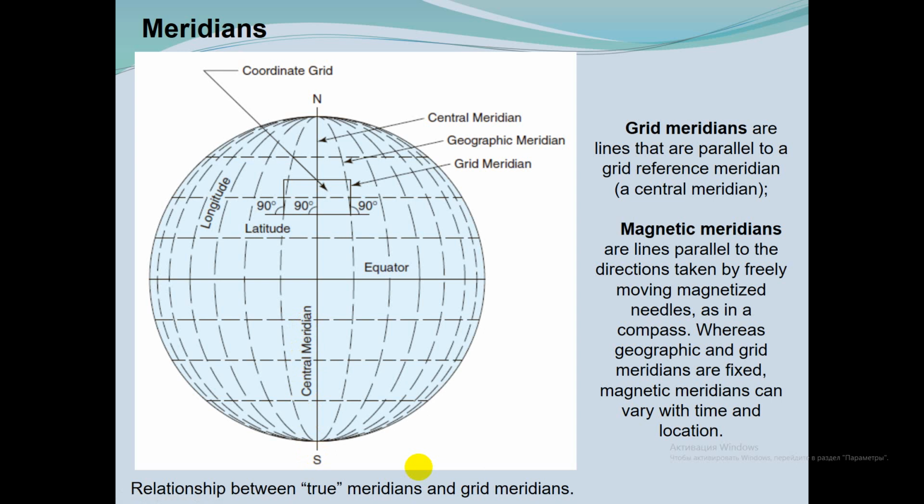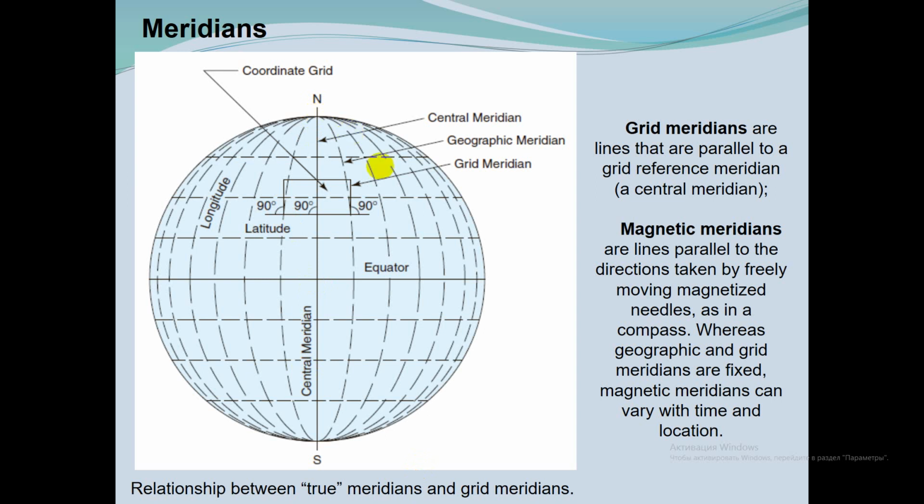Geographic meridians can be established by tying into an existing survey line whose geographic direction is known, or whose direction can be established by observations on the Sun or on Polaris, the North Star, or through GPS surveys.